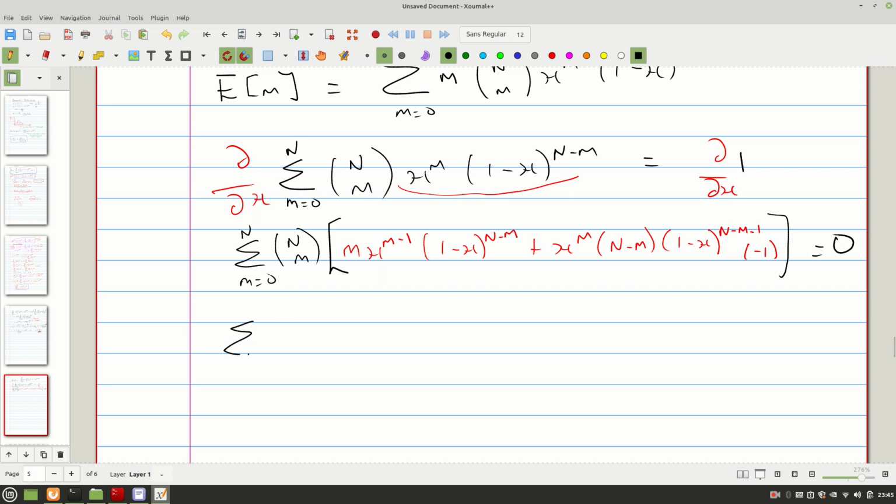So we've got the summation from m equals 0 until n of, we take out this m, times n choose m, times mu^m times (1 minus mu) to the n minus m.